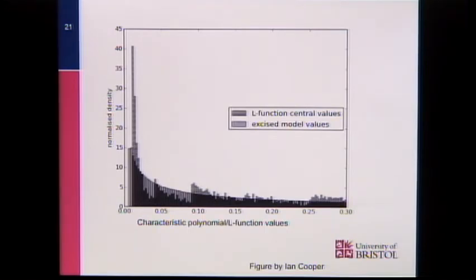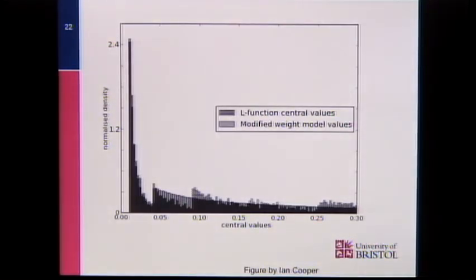So the point of Ian's modified weight model is that it's not a model that you'd want to use to model L-functions, but it explains some of the questions we had about the excised model. Okay, so that's the excised model and beyond. Thanks.